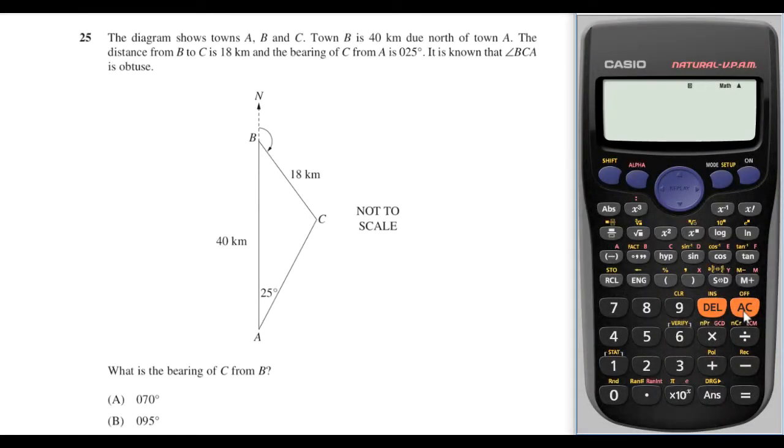Question 25. Before we can find the bearing of C from B, we need to find the angle ABC. Because of what we know about triangle ABC, we will first have to find angle BCA. We can do this using the sine rule.